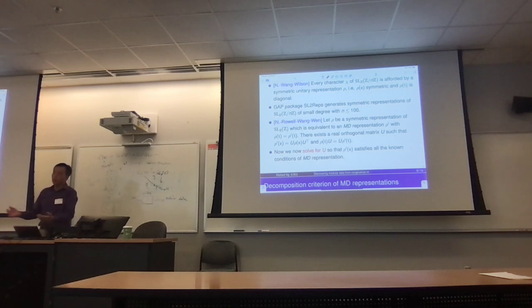And you can assume the images of T are the same because it's just by permutation. These are diagonal, so I can assume they're the same and then assume they commute.